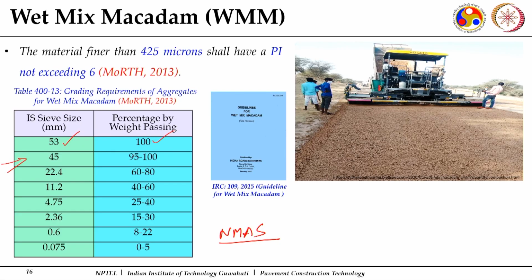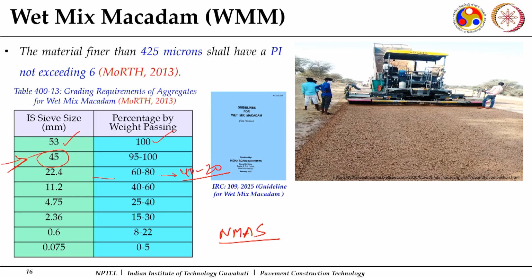So, for this particular case, the NMS will be 45 mm, since this is the sieve size where at least 10% material will be retained, because here either 40% material will be retained or 20% material. So, one sieve size over this particular one, where at least 10% material is retained, is your NMS. The other popular definition is the first sieve where some material is retained. Then it makes 45 mm your NMS.